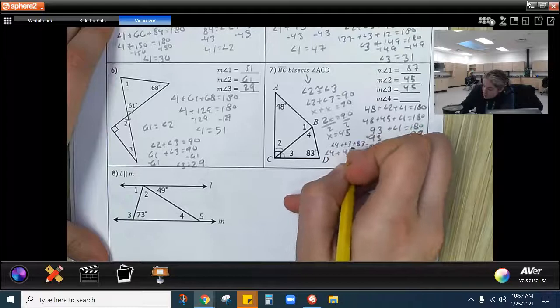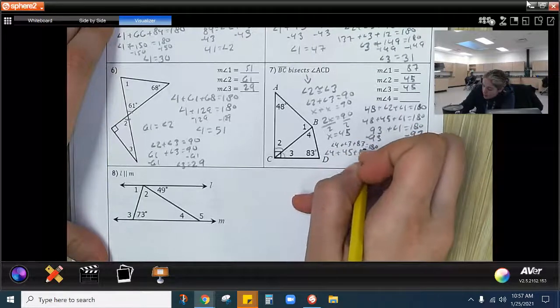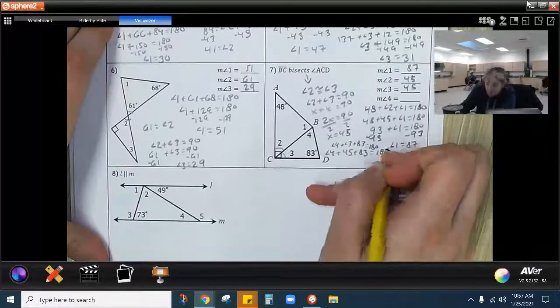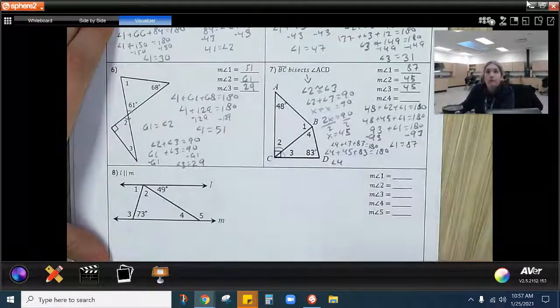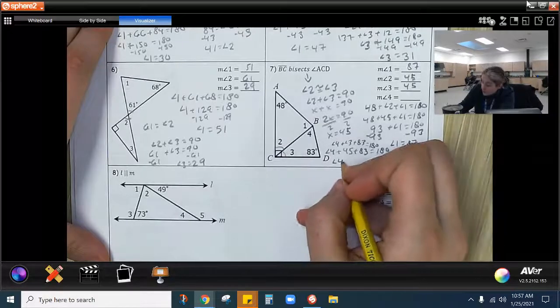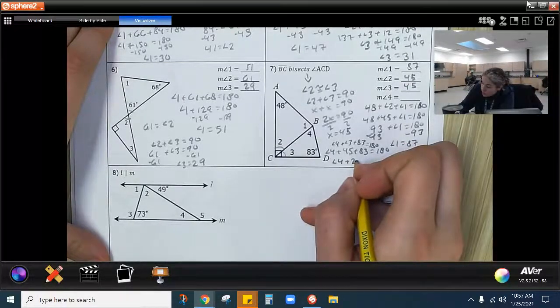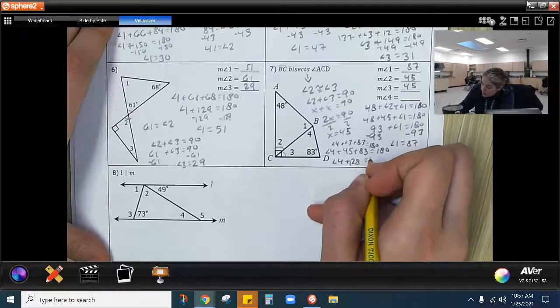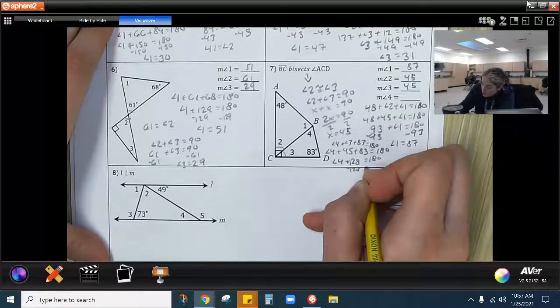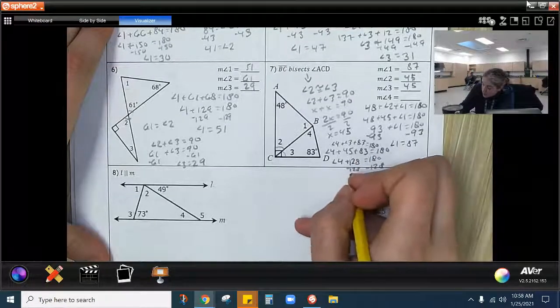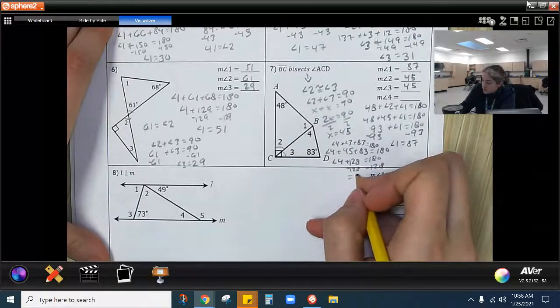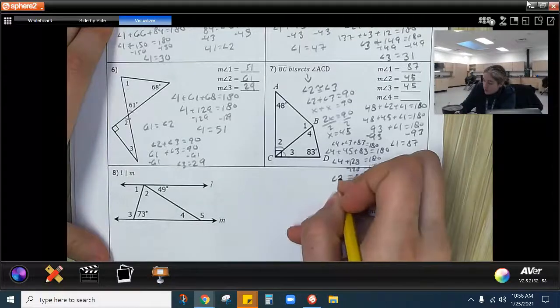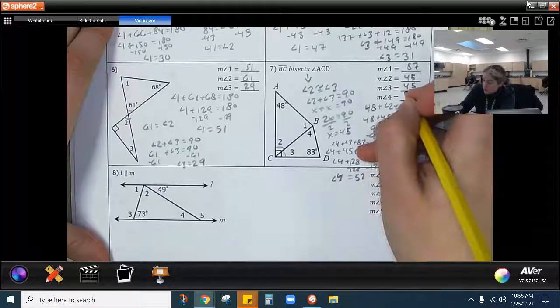So angle 4 plus 45 plus 83 is equal to 180. 45 and 83 make 128. When I subtract that on both sides, sorry, my handwriting is getting kind of small to read, but hopefully you can hear me just fine. So that would be 52. Angle 4 is 52 degrees.